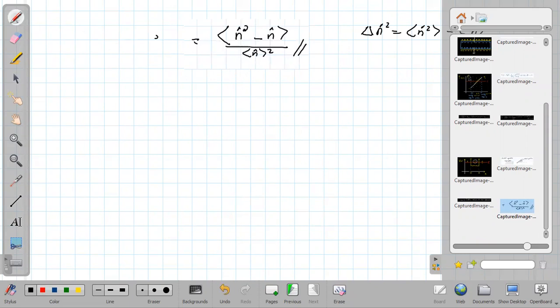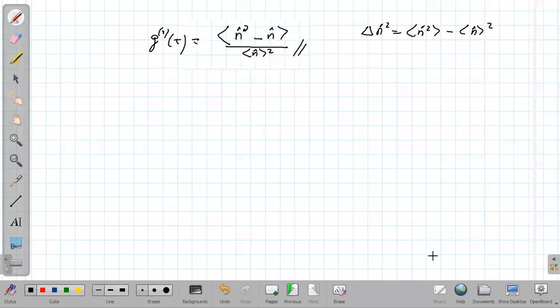So this is your G2 of tau. So this would be equal to average n square minus average n, divided by average n, all squared.